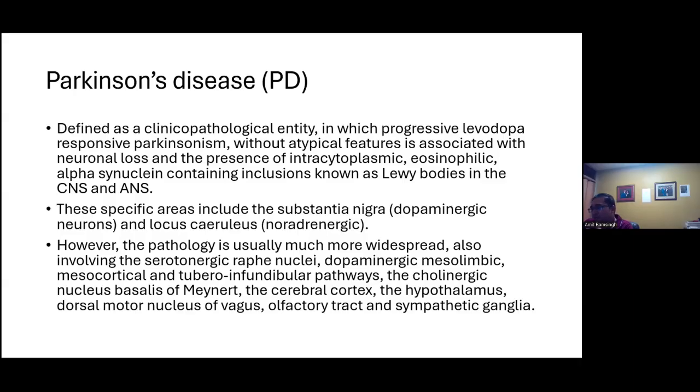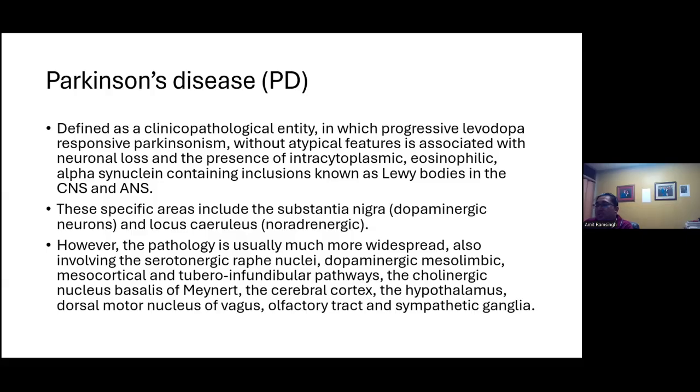Parkinson's disease is a very important clinicopathologic entity, in which you have a patient that is responsive to levodopa without atypical features. The specific areas of neuronal loss that we see are in the substantia nigra, as said before, which contains a lot of dopaminergic neurons, as well as the locus ceruleus, containing your noradrenergic neurons.